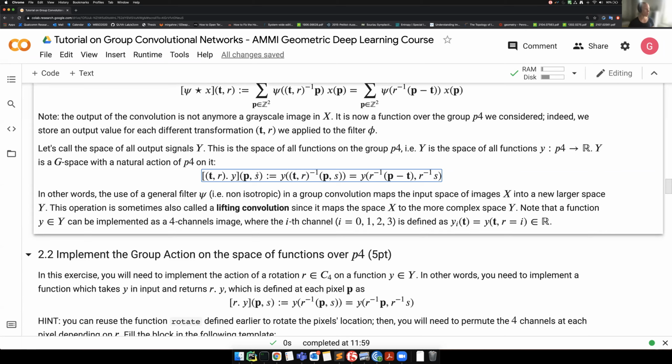If you now hide this S, pretend it's not there, then it looks like you're just rotating the first argument, which is the coordinate of the pixel. But our function is now also a function over S, right? So you see that you have S in the second coordinate, and you also have to change these. That's what we are going to actually implement in the next exercise.